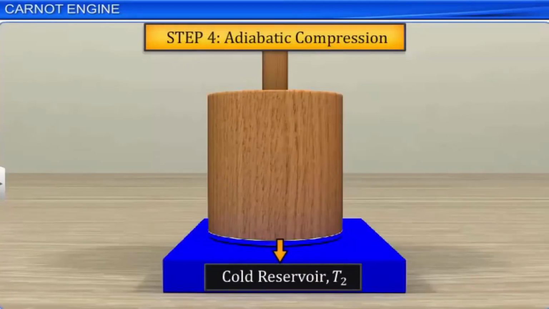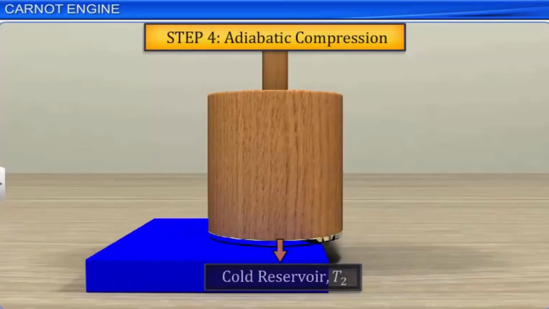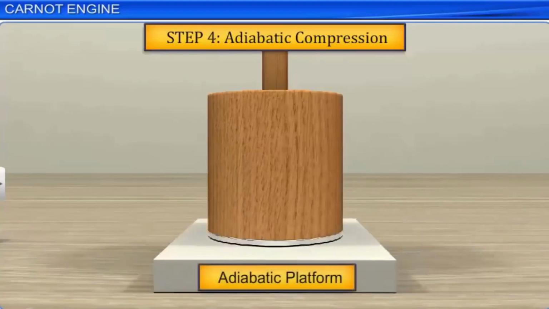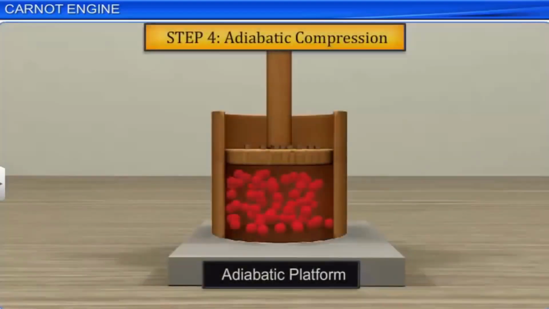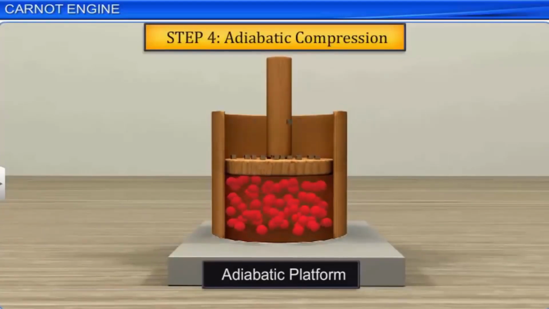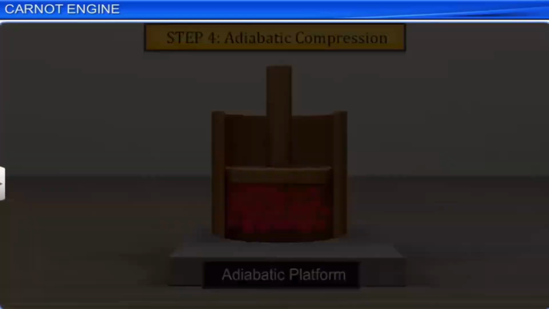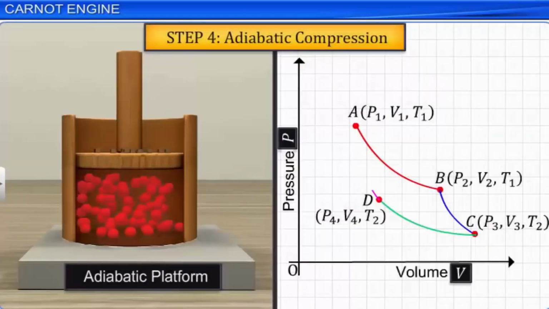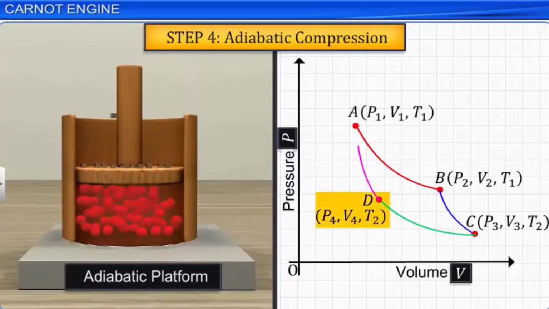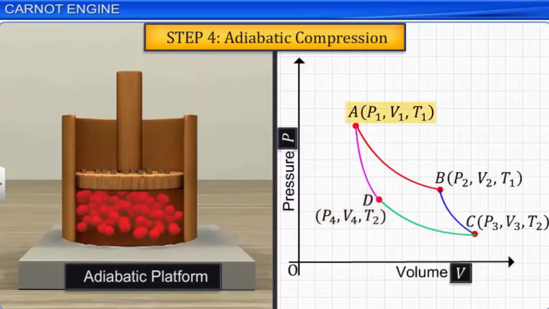In the final step, place the container on an adiabatic platform once again and compress the gas by adding small weights one by one. This adiabatic compression has taken the state of the gas from D (P4, V4, T2) to A (P1, V1, T1).